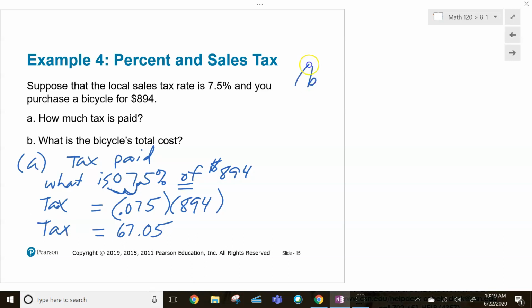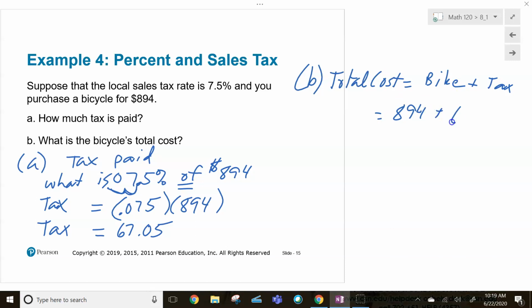So part B, what's the bike's total cost? Well, that will be the bike cost plus the tax. The bike costs $894. The tax is $67.05.